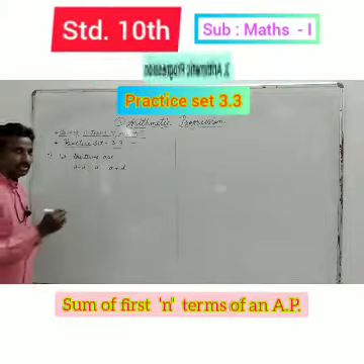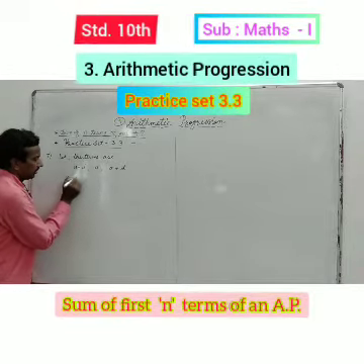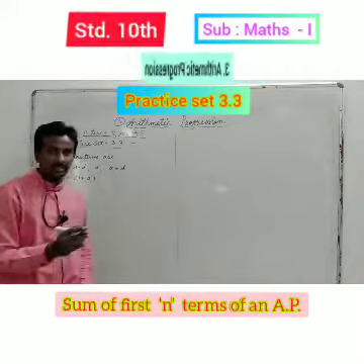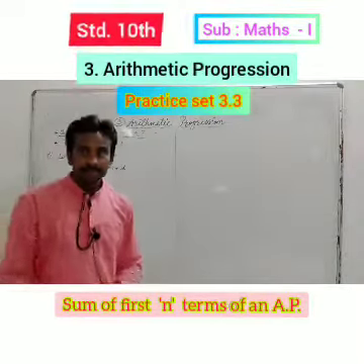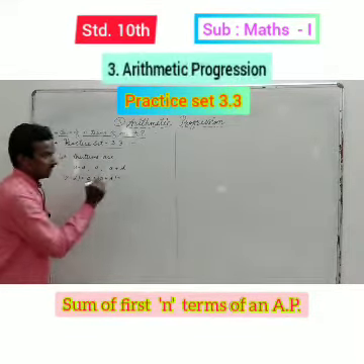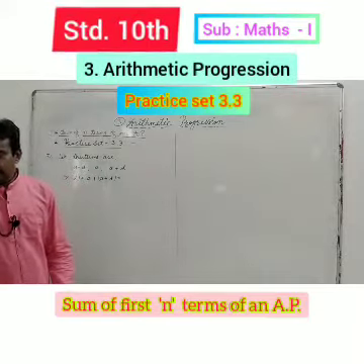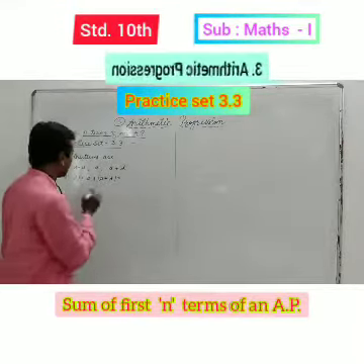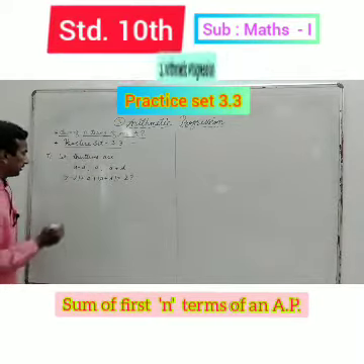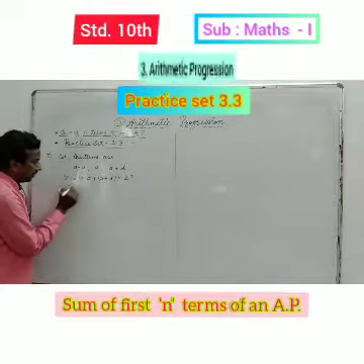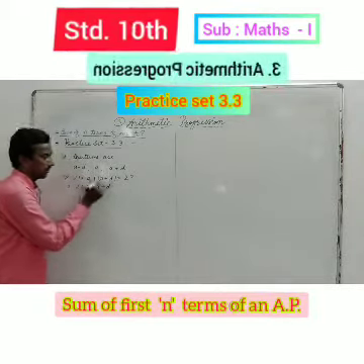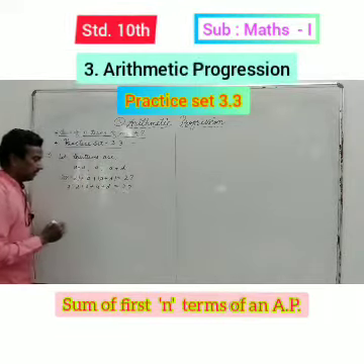Then sum of three consecutive terms is a minus d plus a plus a plus d is equal to 27. First condition is sum of three consecutive terms is 27, means sum of these three consecutive terms is equal to 27. Now solve this. a minus d plus a plus a plus d, remove bracket first, is equal to 27.